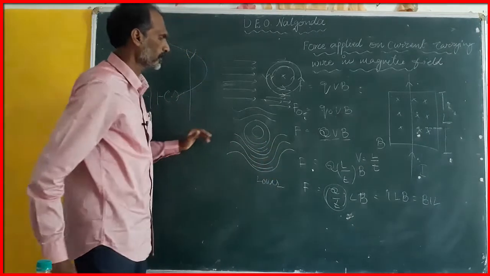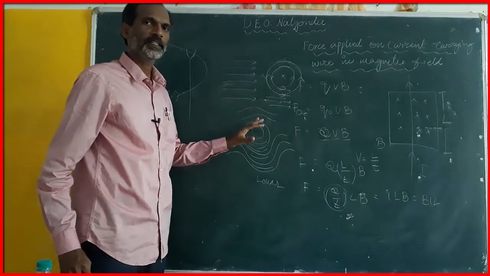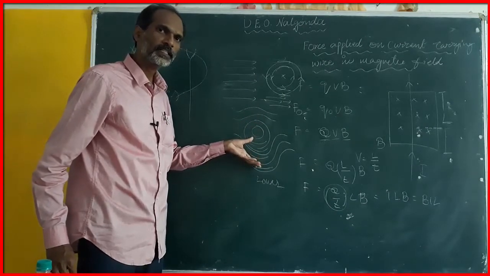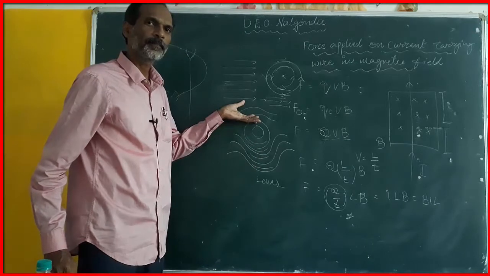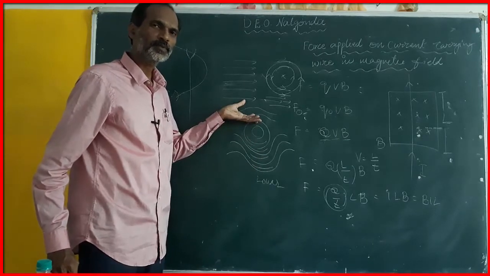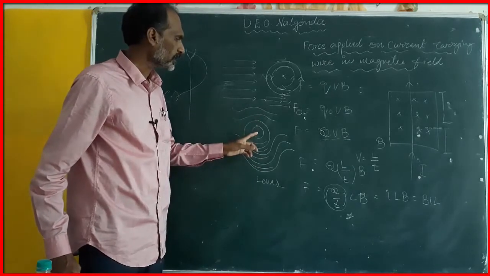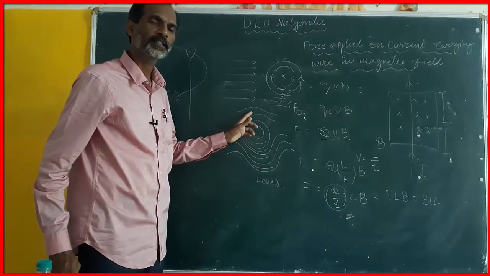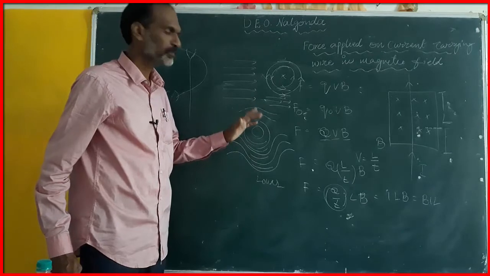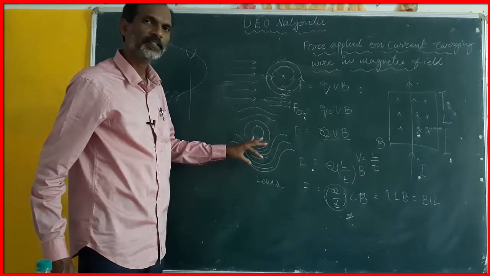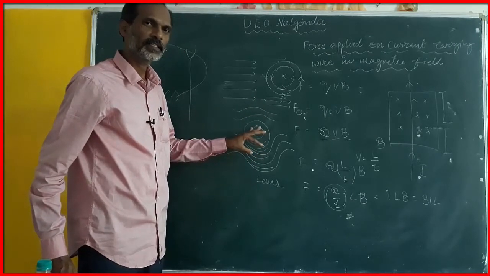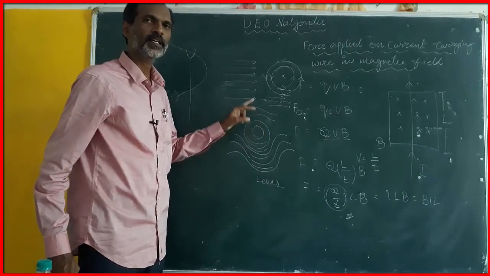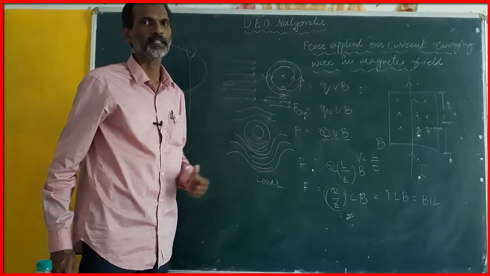It means on either side of the electric conductor, one side has a strong magnetic field and the other side a weaker magnetic field. Due to this, the current carrying conductor is forced to move toward the area having fewer magnetic field lines. The net force from this side is applied on the conductor to push it to the other side, in this direction, which has fewer magnetic field lines.